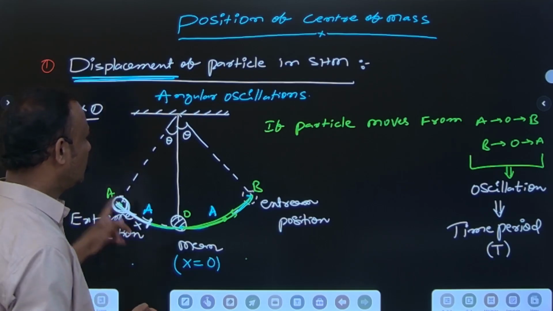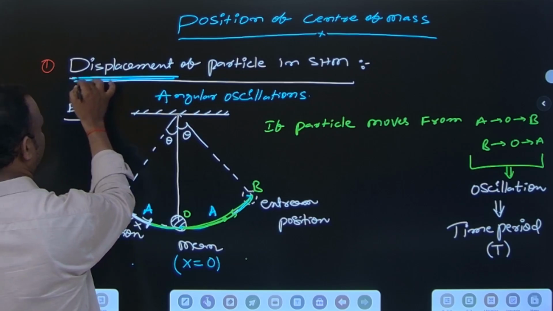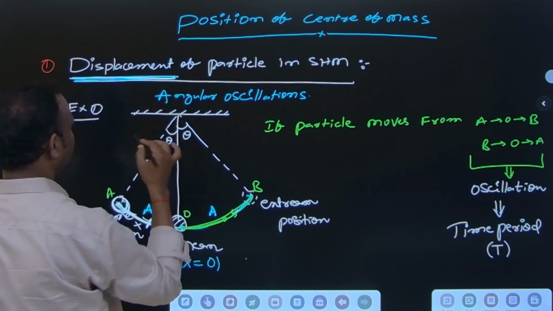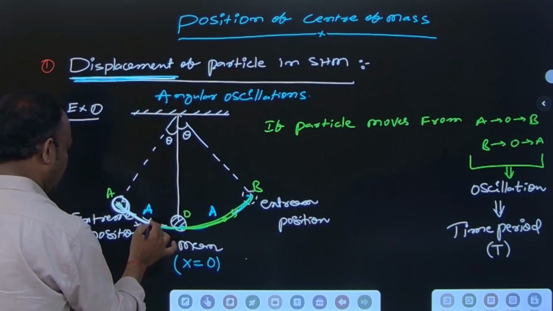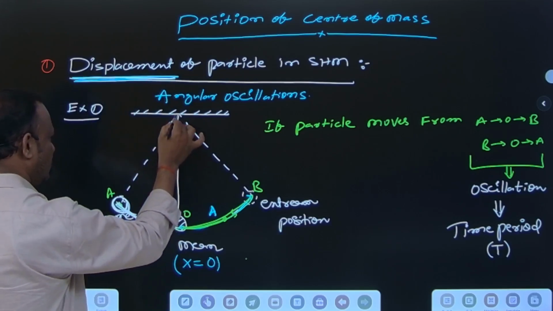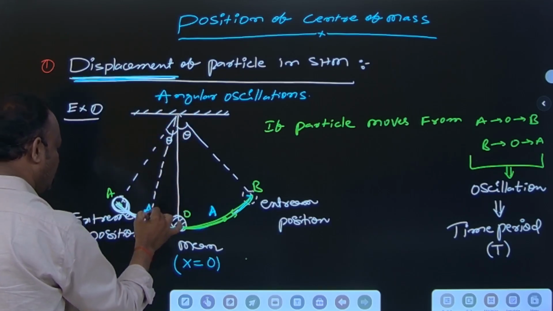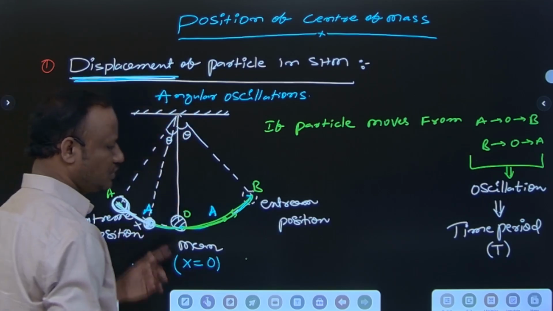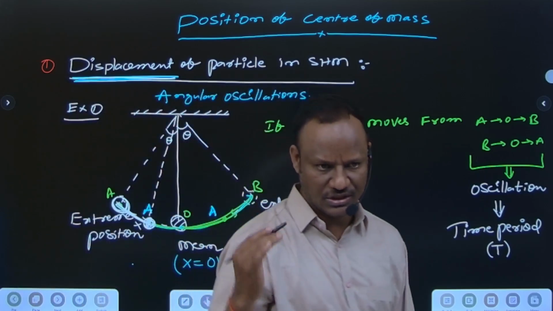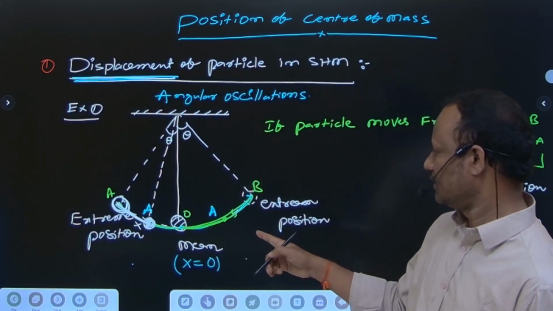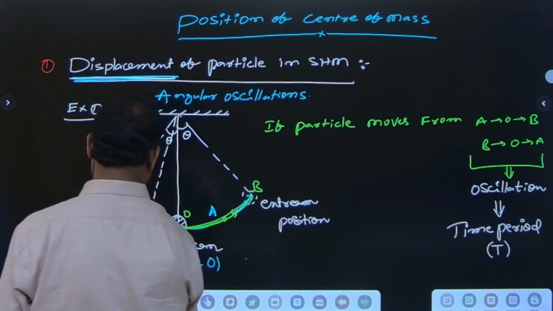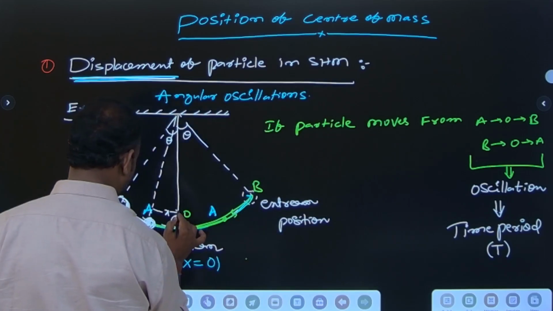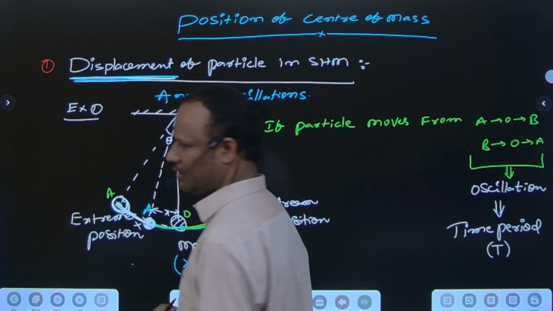We can say this is the displacement of the particle. If it comes to this position, this is called the position. Position means the distance of the particle from the mean position.